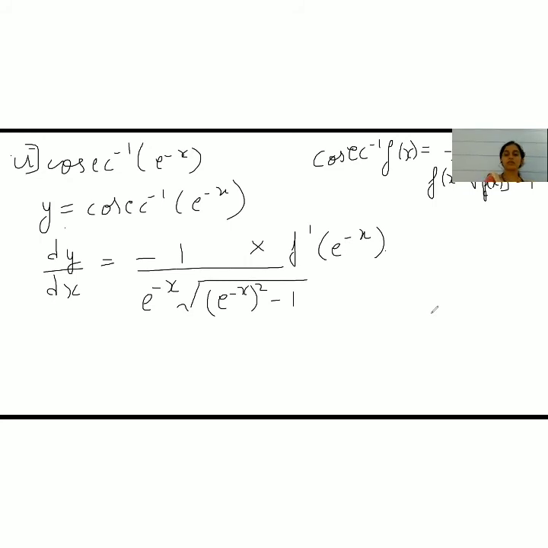So if you take the derivative of e raised to minus x, what will that be? E raised to minus x derivative is minus e raised to minus x, so it will become plus e raised to minus x upon e raised to minus x square root of e raised to minus 2x minus 1.